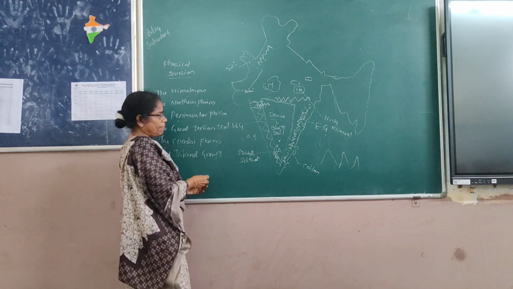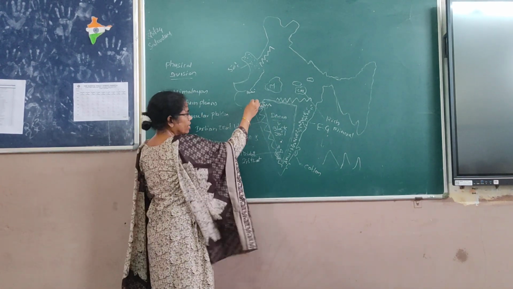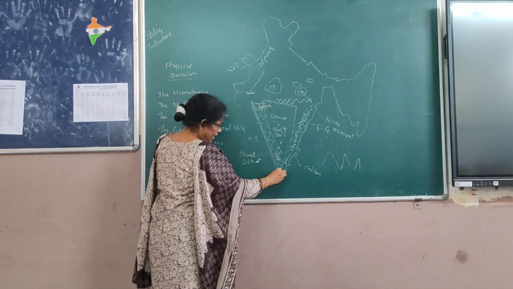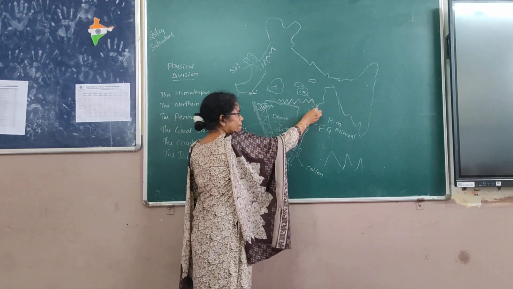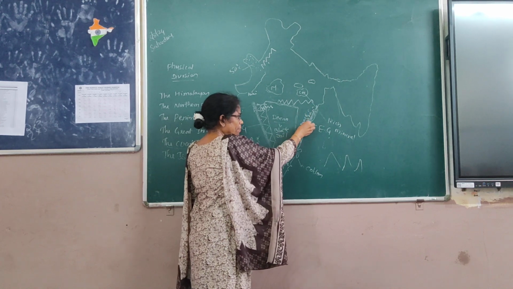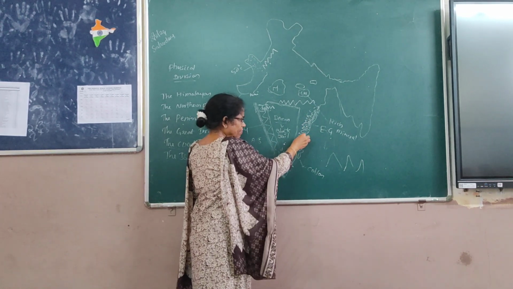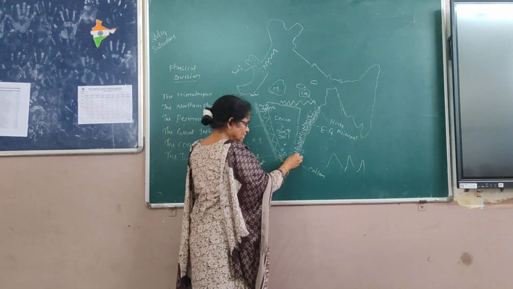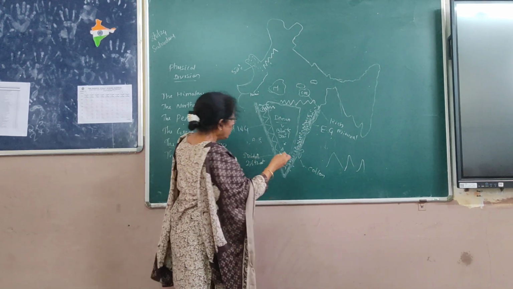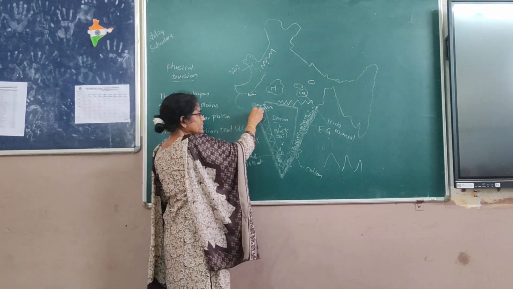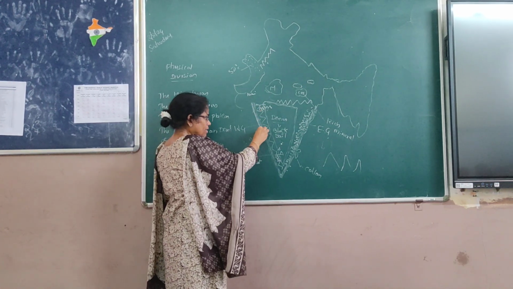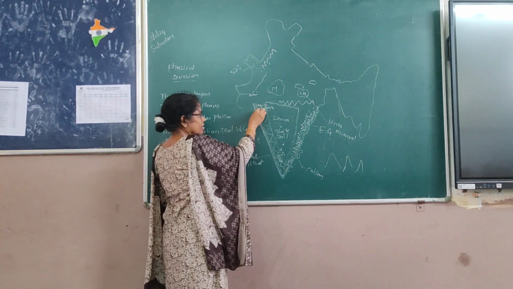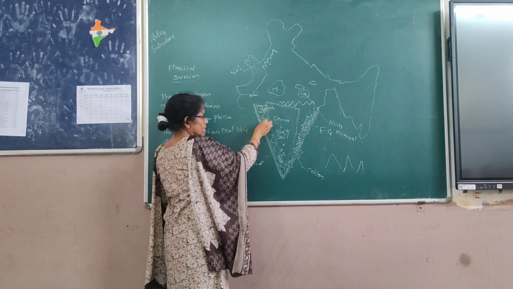Then coming to the coastal plains. These coastal plains stretch along the Arabian Sea as well as the Bay of Bengal. These coastal plains are located between the Eastern Ghats and the Western Ghats and the coasts: the East Coastal Plains as well as the West Coastal Plains, which lie between the Western Coast and the Western Ghats.